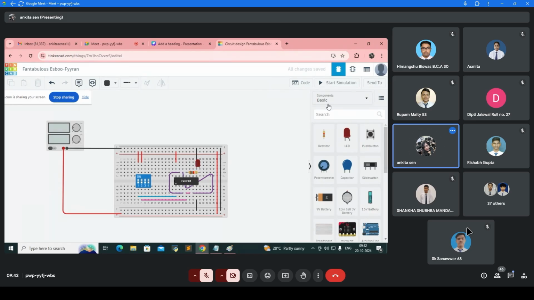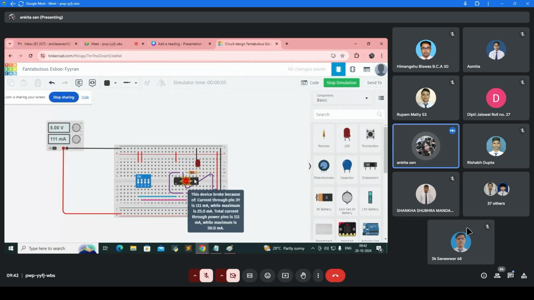Output 4 is getting burst, so of course there is a problem. This device broke because the current through pin 3 is 11, while the maximum is lower, so the current consumption is more. So where the problem actually is, we need to find out. That's why I have taken this circuit, to make you understand.